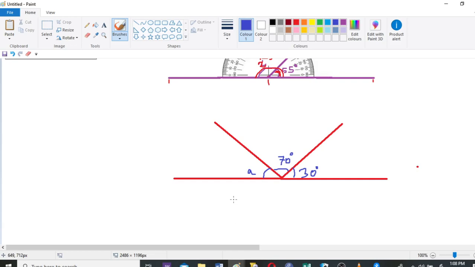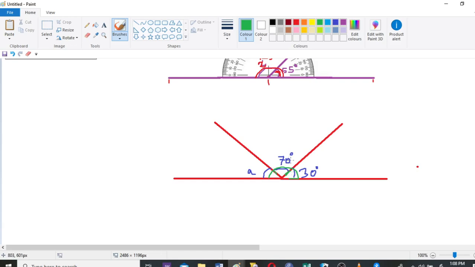So you use the same concept, knowing that the total of the angles here is 180. All the way from here, if we were to move from here up to there, we have 180. Now we've been given that the space between this line and this line is 30, and between this line and this line the space is 70 degrees.